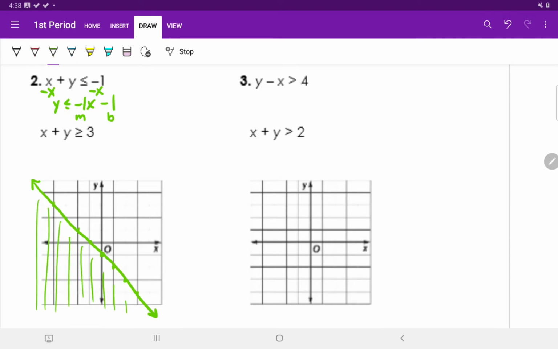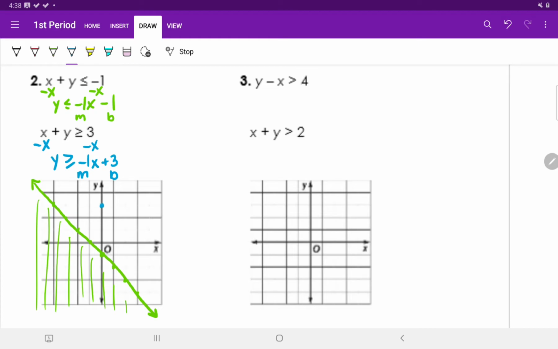Do some light shading. For the second line, we need to get this in slope-intercept form as well, so we'll subtract x from both sides, leaving us with y is greater than or equal to negative x plus 3. Throw a 1 in front of that x to make it easy to see your slope and your y-intercept.